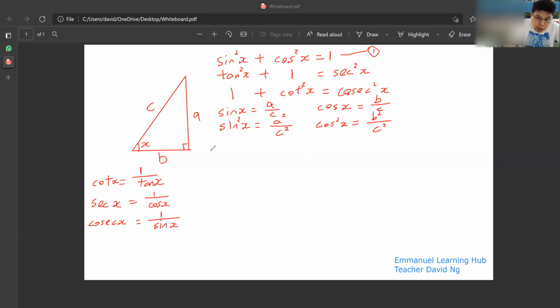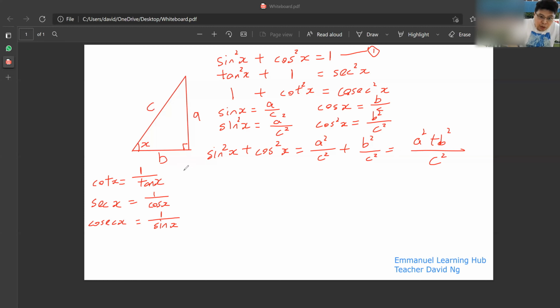So sine square x plus cosine square x will then equal A square over C square plus B square over C square. That will give me A square plus B square divided by C square.